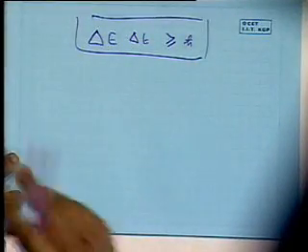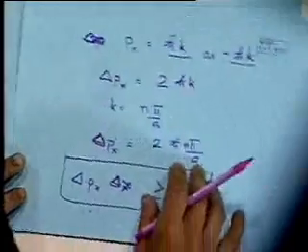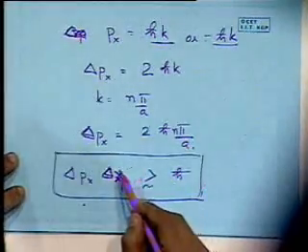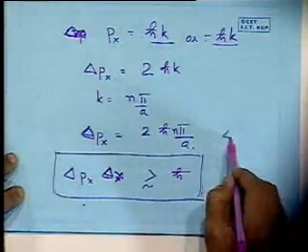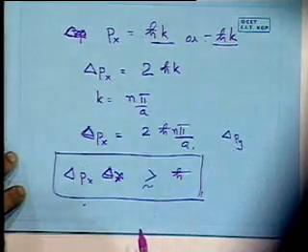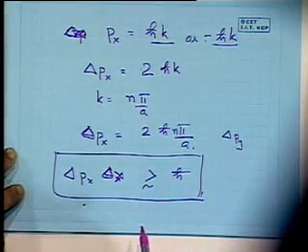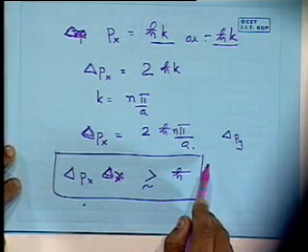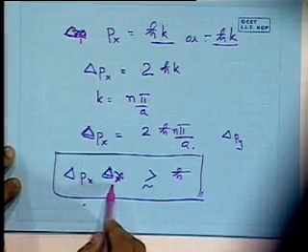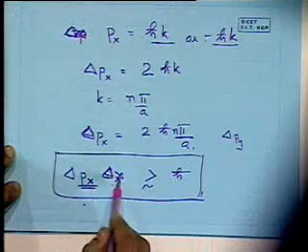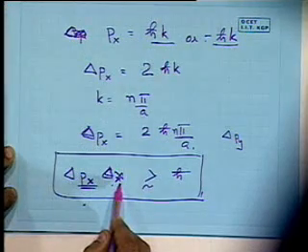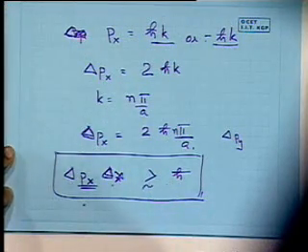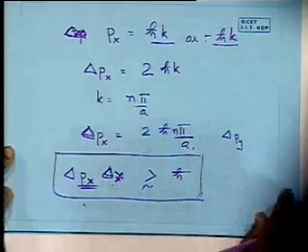What it doesn't tell me is that I will be able to tell maybe delta py exactly. In other words, I can know momentum exactly in the y direction and x position exactly. So here we have specified that delta px delta x is greater than or equal to roughly h bar.